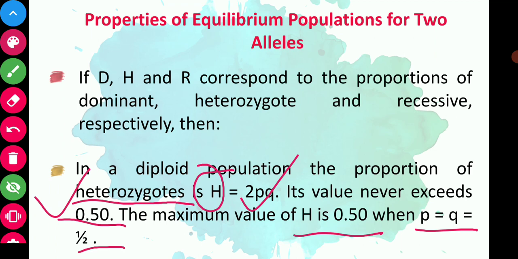We will understand this property very clearly when we see a graph at the end of this lecture. There you will realize that the frequency of heterozygotes will be a maximum of 0.5, achieved when p and q have equal frequency, around 0.5.